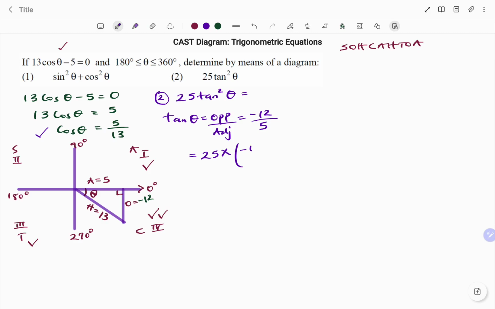I'm going to put that in the bracket, negative 12 over 5 all squared. That's equal to 25 times 144 over 25. And if I simplify, 25 and 25, 1. So therefore, 25 tan squared theta is equal to 144.